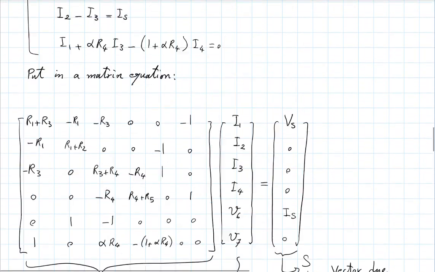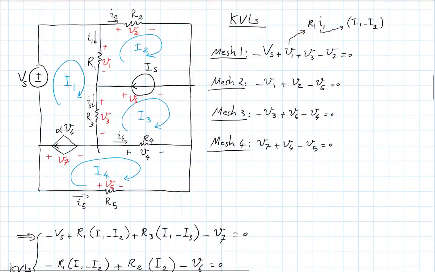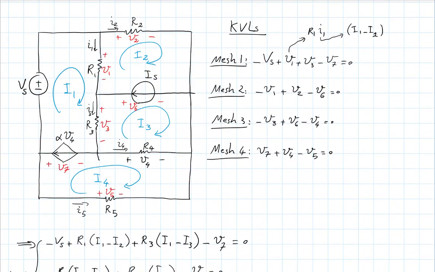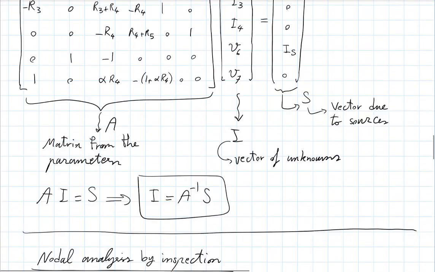You had Vs, and it happened to be the only voltage source you had in mesh 1.